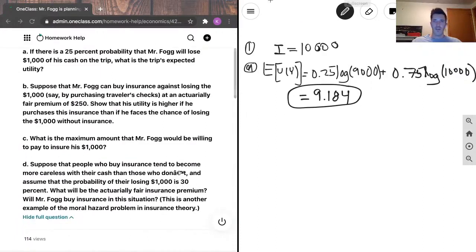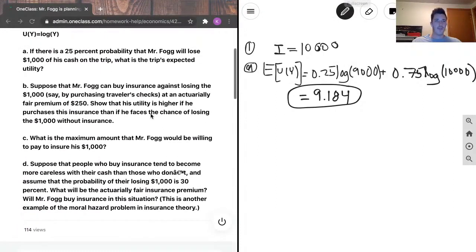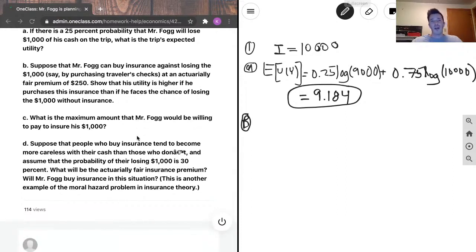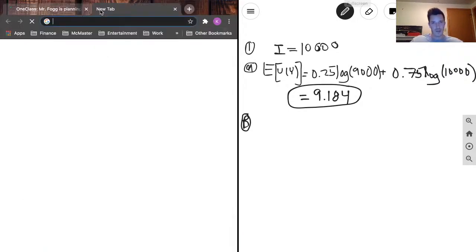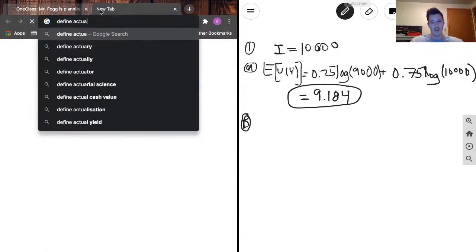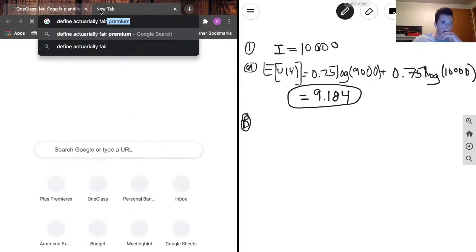I'm not sure if I'm going to do all 4 parts. We'll see how it goes with time. But part B. Suppose that Mr. Fogg can buy insurance against losing the $1,000, say by purchasing traveler's checks at an actuarially fair premium of $250. Actuarially fair premium basically means that it's correctly assessed. Maybe I'll give you guys the exact definition instead of going off memory.